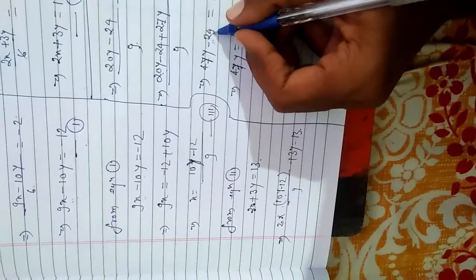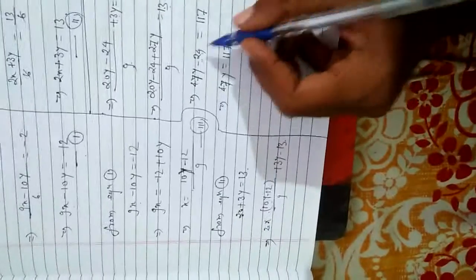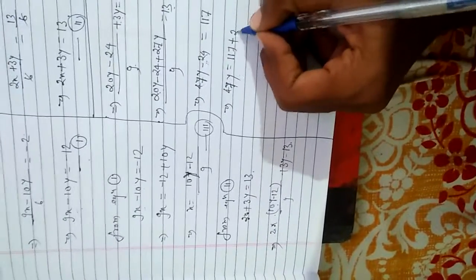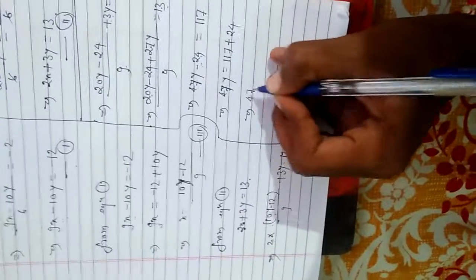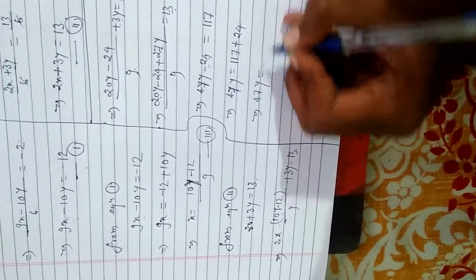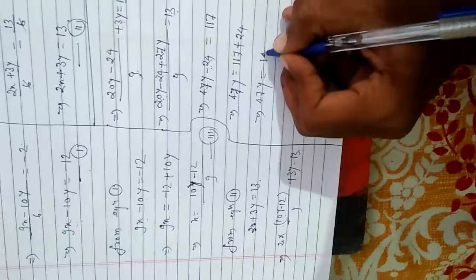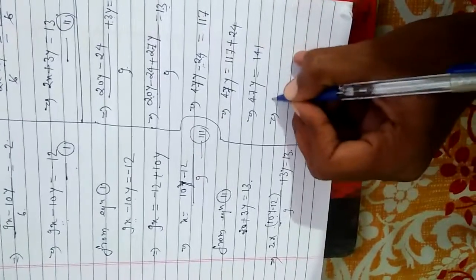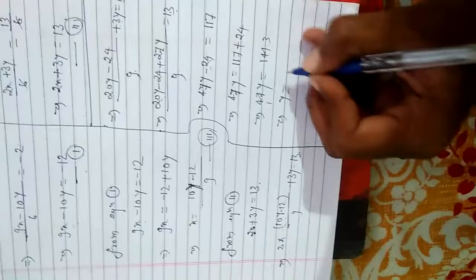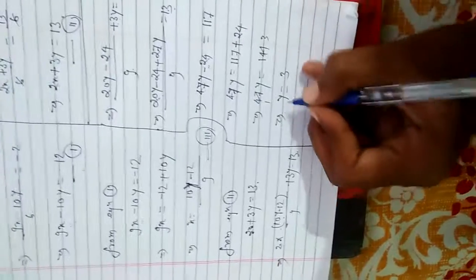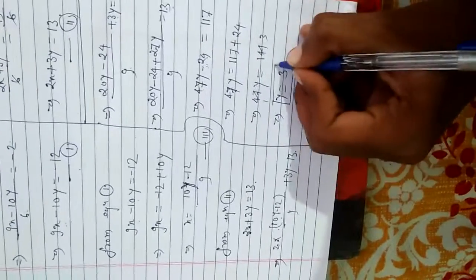When we pass the value of minus 24, we convert it to plus 24. So 47y equals 141, so y equals 141 divided by 47, so here we will get y equals 3.